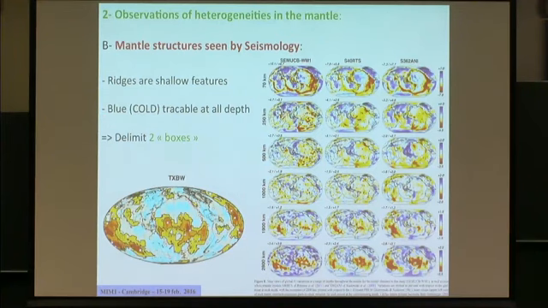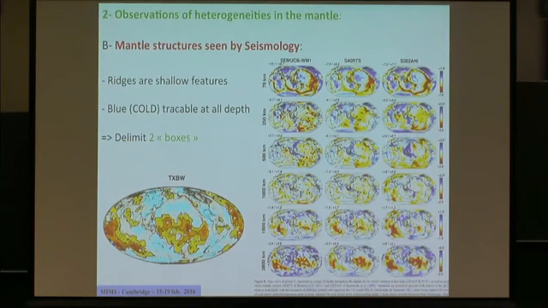And you've got this blue material that can be tracked all the way down from the surface to the core-mantle boundary. So if you look, for example, at the core-mantle boundary, you've got the impression that the mantle is right now cut in two boxes. So you have two big red potatoes, but you have this ring here of cold material that you can trace all the way from the top to the surface.